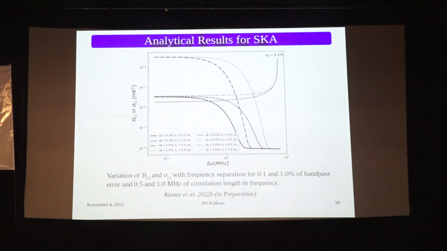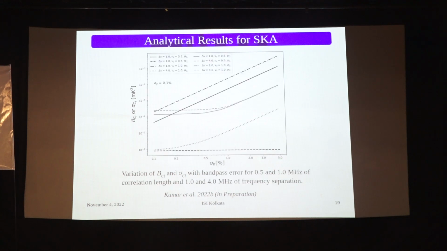We find that for higher gain errors, obviously the bias and also the error will be higher. If the correlation in the gain errors is larger, we will have larger values of the bias, and the error will also be large. Here we did not see much deviation in the error results, because that is mostly dominated by the thermal noise component for these particular values.